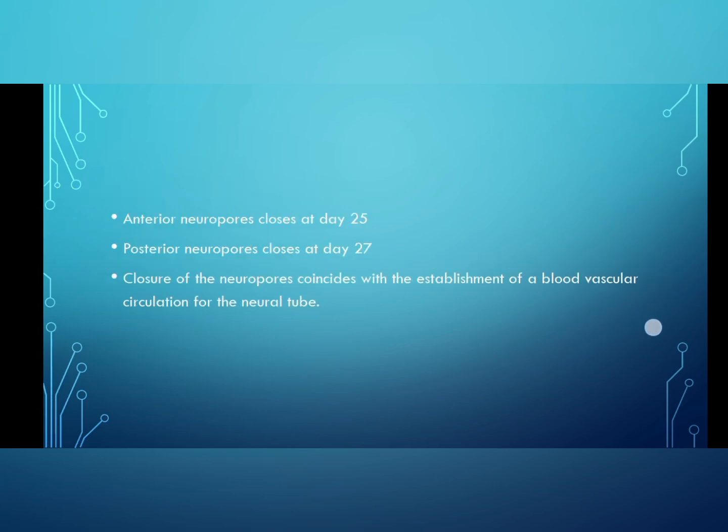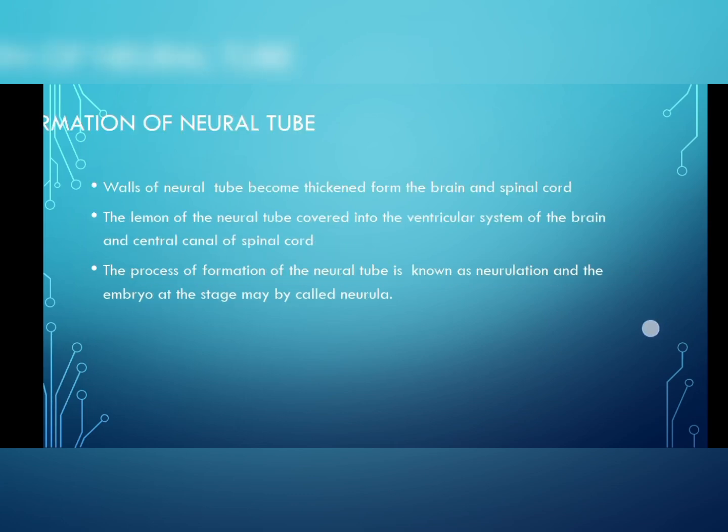Anterior neuropore closes at day 25. Posterior neuropore closes at day 27. Closure of the neuropores coincides with the establishment of blood vascular circulation for the neural tube. The wall of the neural tube becomes thickened to form the brain and spinal cord.